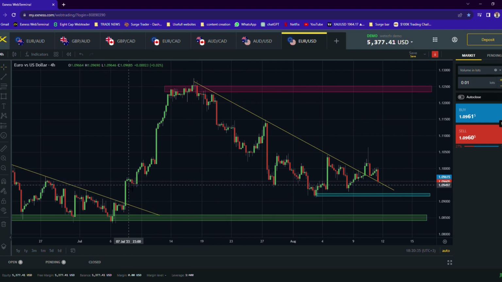This took a week, and this has taken close to a month. Now these are two trades that would have been taken, and this would have given you 300 pips, and this would have given 200 pips in a week. So this week you would have gained 300, and this week you would have gained 200.